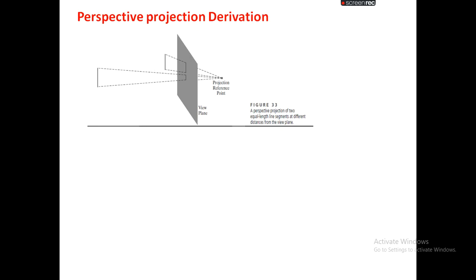So different distances will create different sizes of the object on the view plane. Today we need to determine the coordinate position of those objects on the projection plane.